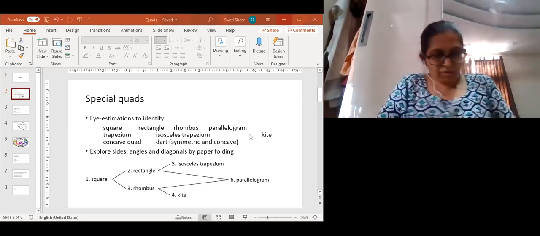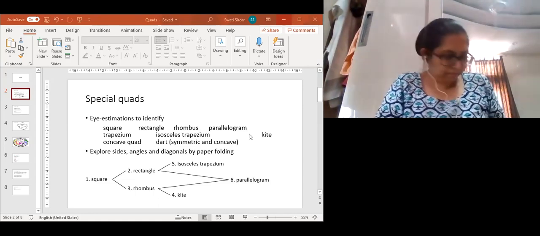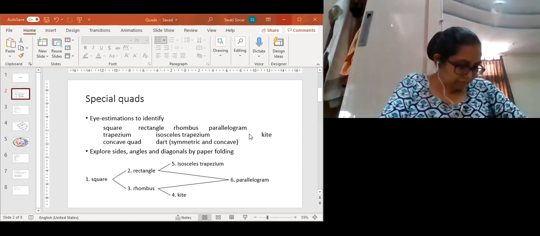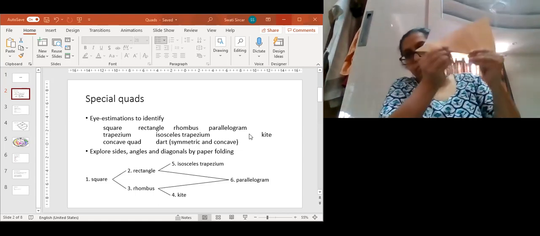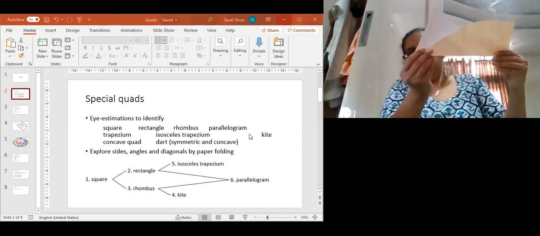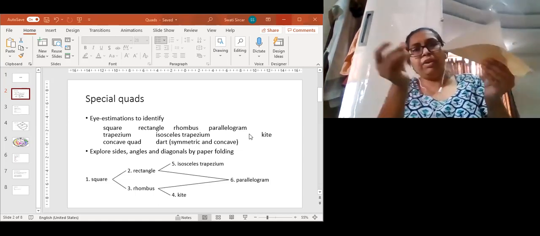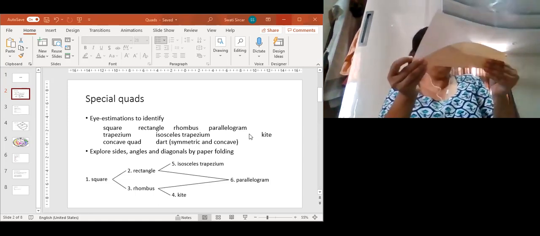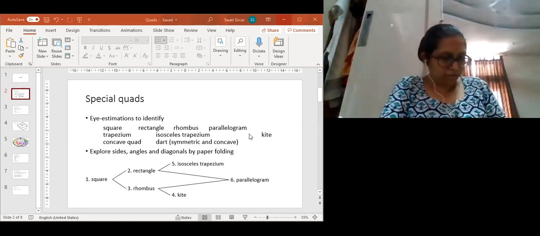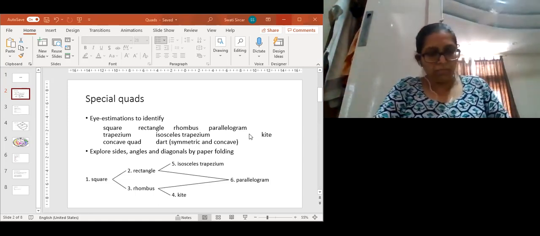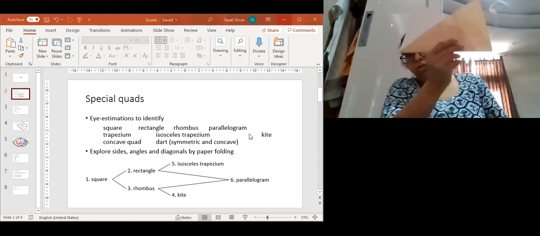Let me try to fold it along a diagonal. Not overlapping. Yes, these two are congruent triangles. If I draw the diagonal, the two triangles are going to be congruent, no doubt about that, but they're not overlapping.